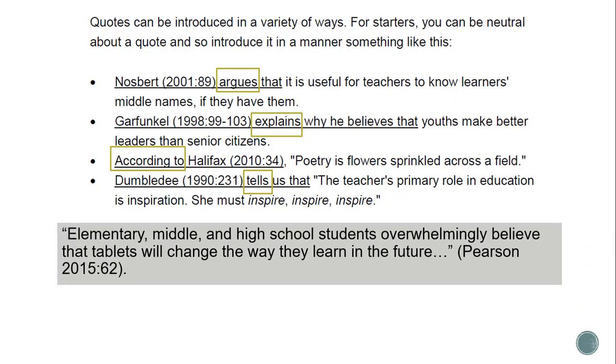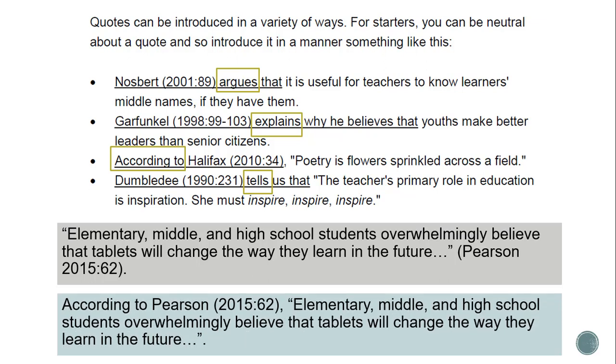So we can change this quote that we've taken over here to the one below. According to Pearson, and we've taken our author's surname out of the in-text reference, but we still open our round brackets and include the year 2015 and the page number 62. And we follow that up with the words we have quoted.